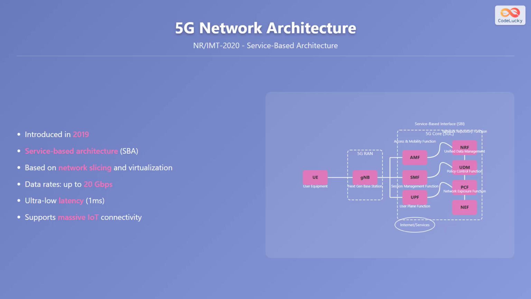It has ultra-low latency, achieving 1 millisecond. It supports massive IoT connectivity. The architecture includes user equipment, next-generation Node B, access and mobility management function, session management function, user plane function, network repository function, unified data management, policy control function, and network exposure function.